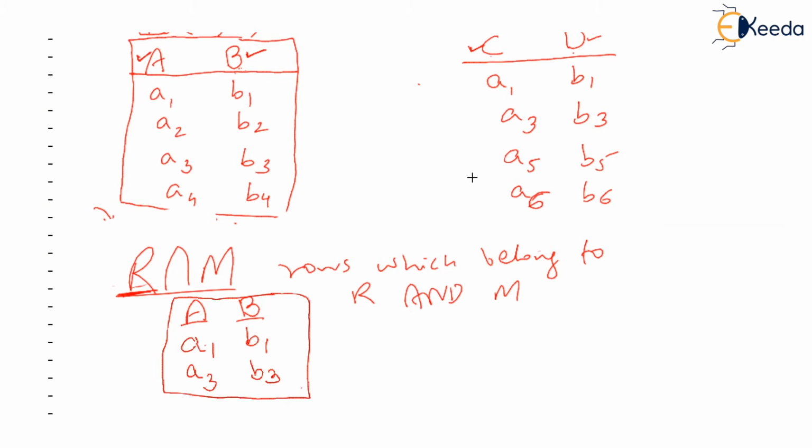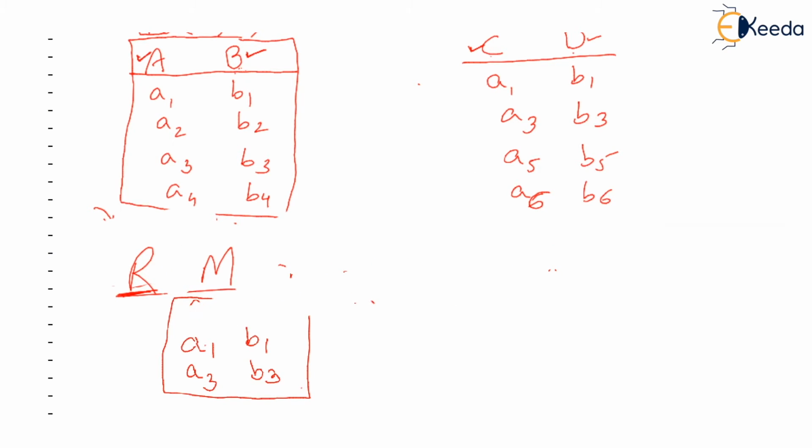Isn't it? And what about set difference? R minus M. Remember, to find the set difference also, the two tables have to be union compatible, and they are. So what is R minus M?